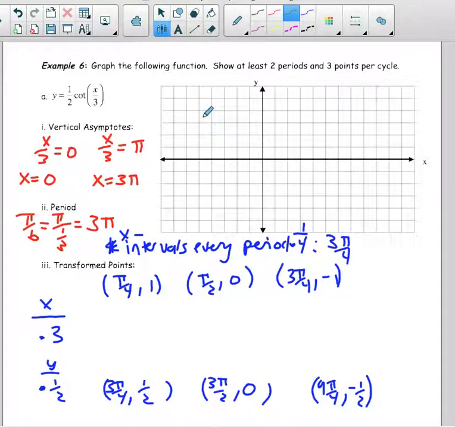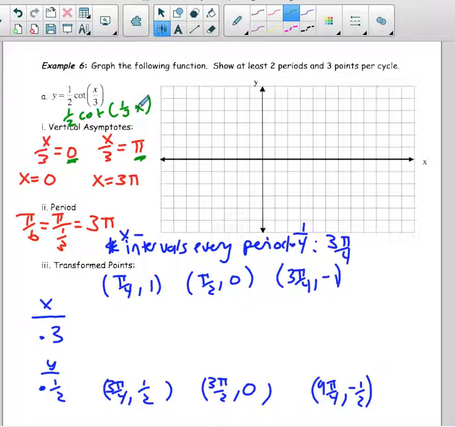In order to find them, we thought about where the vertical asymptotes were for the parent function. So for the parent function, the vertical asymptotes are at x equals 0 and x equals pi. We can think of this function as 1/2 cotangent of 1/3 times x.